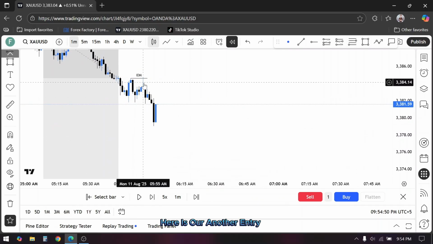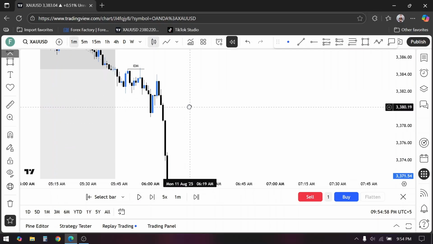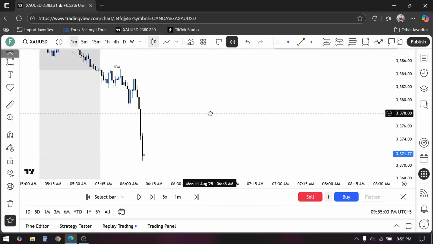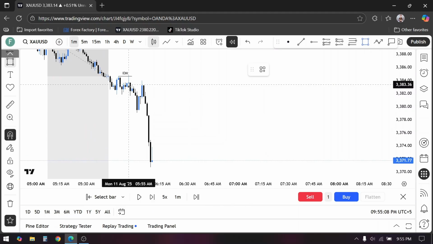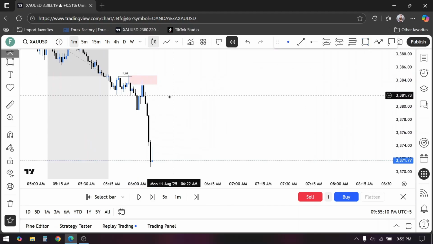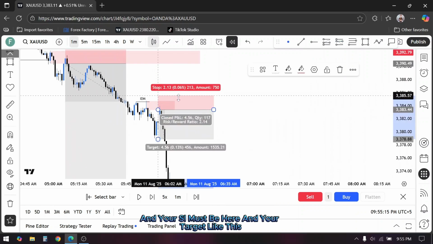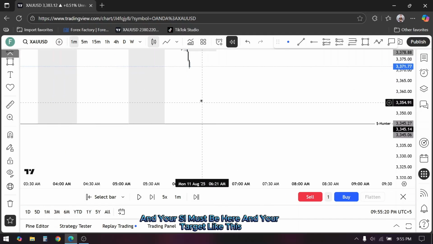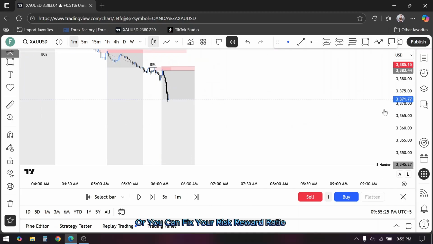Here is our another entry, but today I will teach you only order block. So this one is our most recent, and you can short here, and your SL must be here, and your target like this, or you can fix your risk reward ratio.